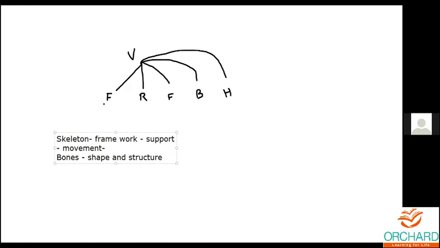Not just the bone will be present; along with the bone, bones will be attached with the muscles. Muscles are soft tissues put together, right? Small soft tissues together will be called muscles.